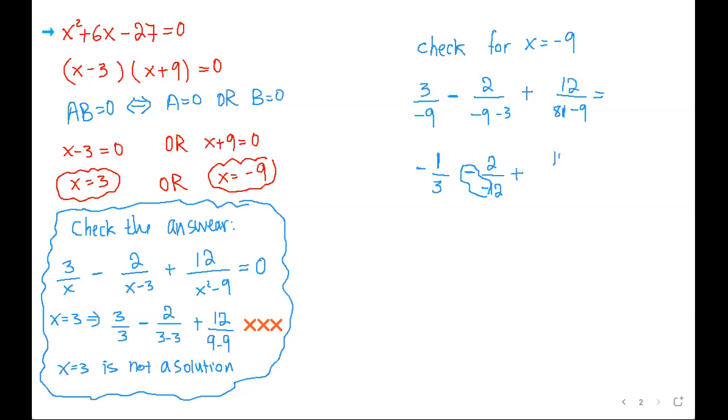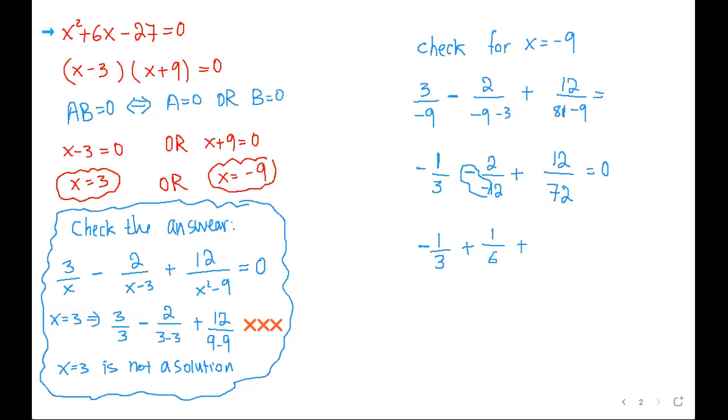Plus 12 over 81 minus 9, which is 72, equals 0. So I get minus 1 over 3 plus 2 over 12. 2 over 12 is 1 over 6.